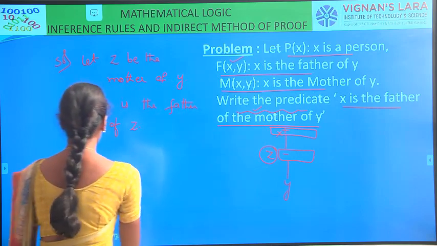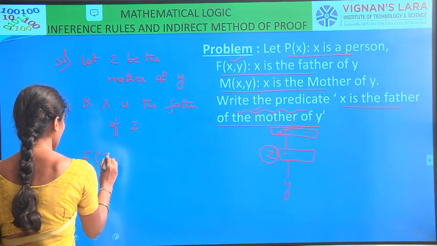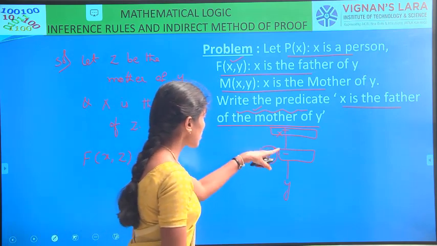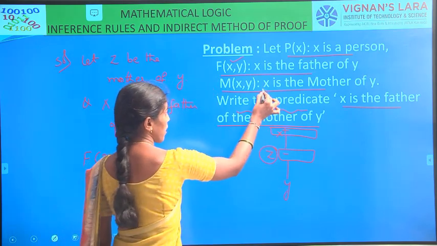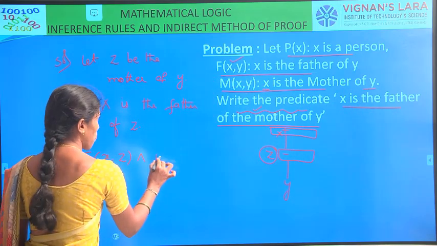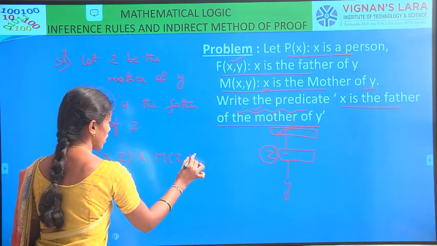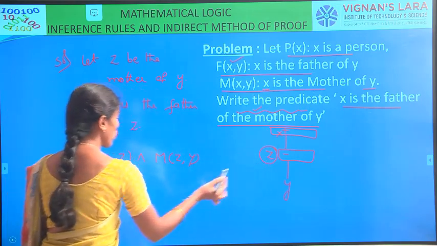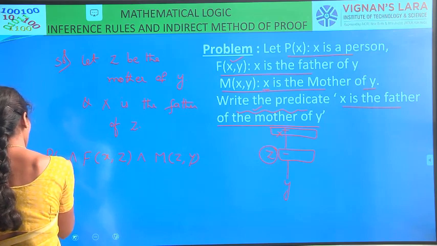So it is denoted as F of x comma z and Z is the mother of Y. So M of z comma y, and some Z exists here. Who is this Z? Z is a person.